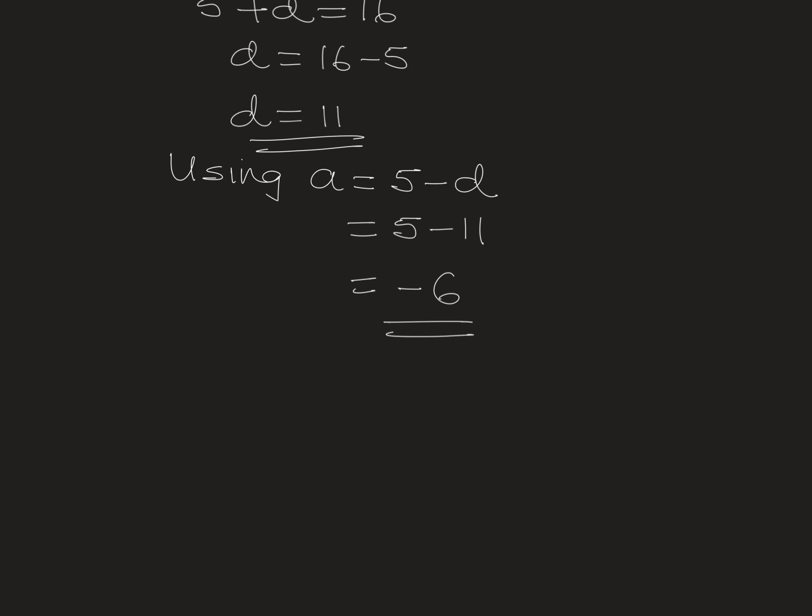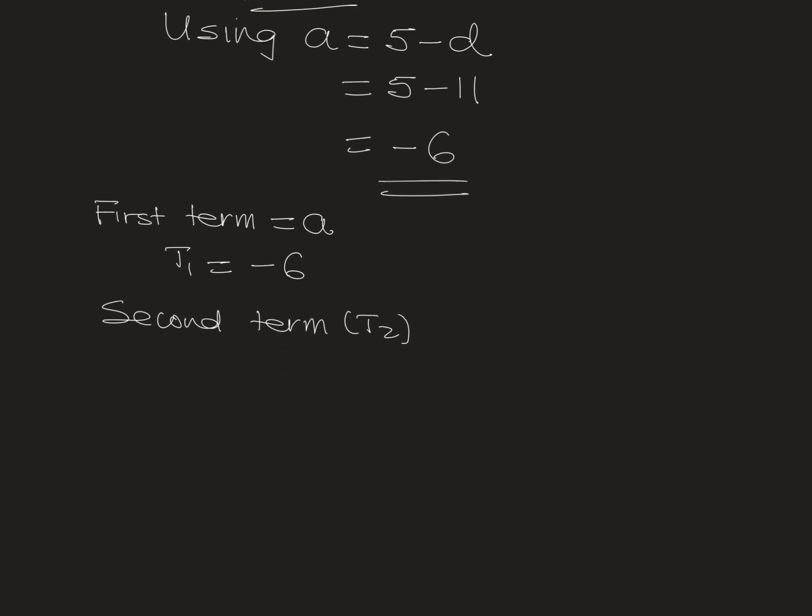With this, I can find my first three terms. The first term, we know, is equal to A. So therefore the first term, T1, is equal to minus 6. The second term, T2, how do we find it? We will use T sub N is equal to A plus N minus 1 times the difference.